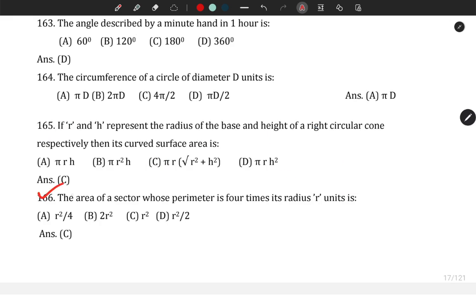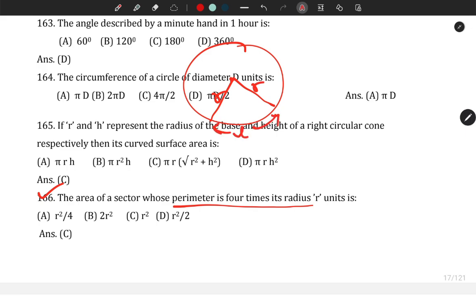Next question, the area of a sector whose perimeter is 4 times its radius. Now the perimeter of a sector, suppose we draw the sector, the boundary of the sector has 2 radii and the length of the arc. So the perimeter of the sector is 2r plus l.